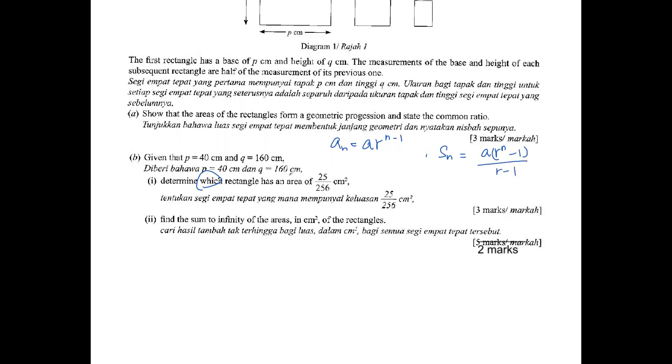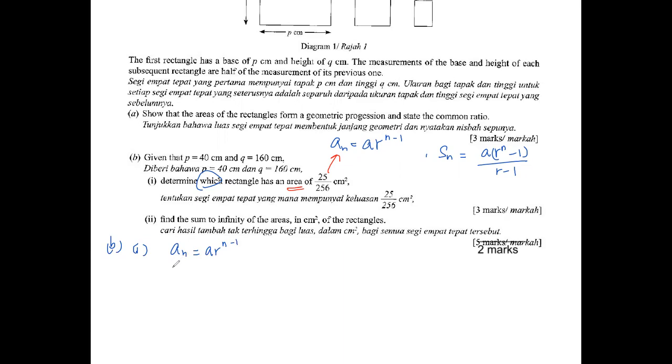So which formula are we going to use? It depends on what information they give. They say that it is an area, and they didn't tell you about the sum. There's no sum here. So this question is regarding the nth term, where 25/256 is A_n. Since we already know which formula we are going to use, let's write down the formula first.